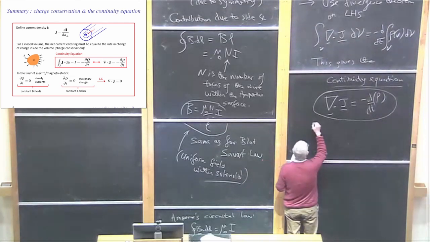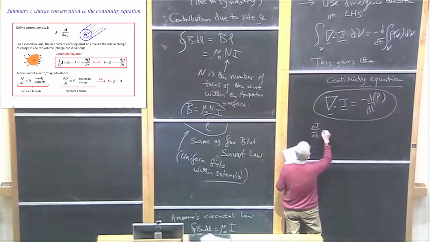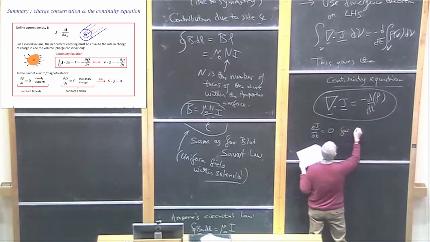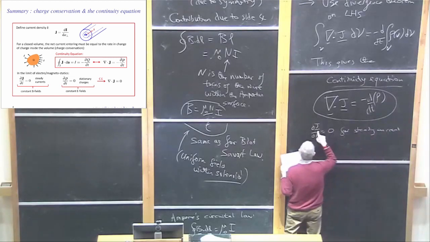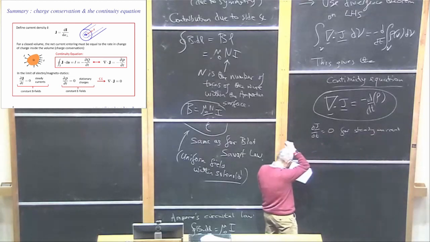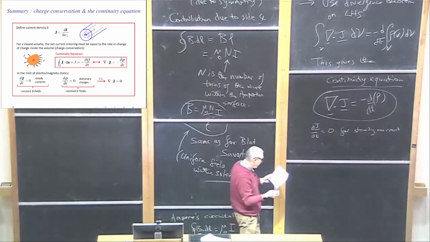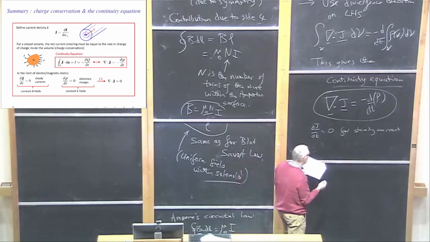I think this is obvious. If you have a steady current, then the current density is not changing as a function of time.